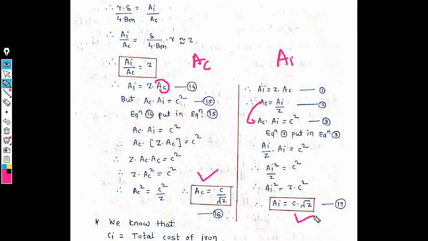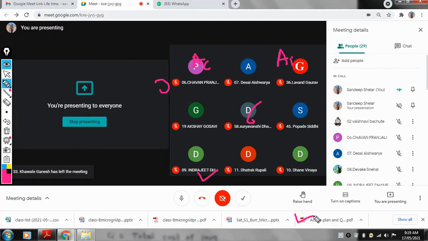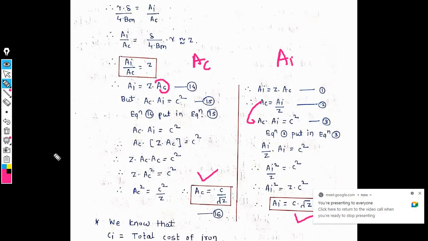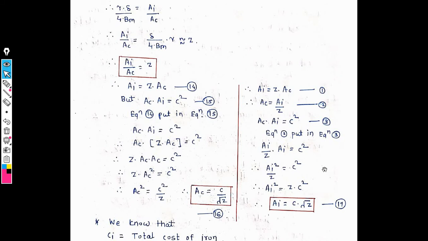In these equations we also need other parameters and calculate different parameters. The minimum cost of the transformer depends on the values of AC and AI.